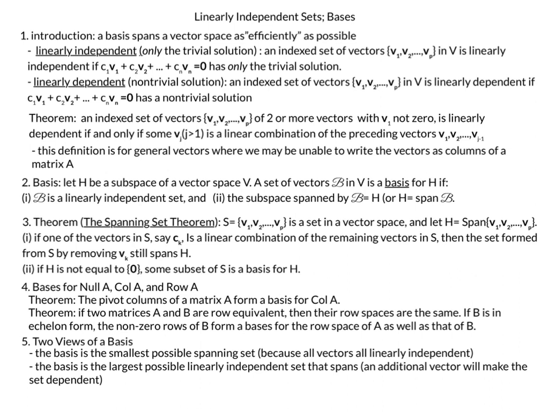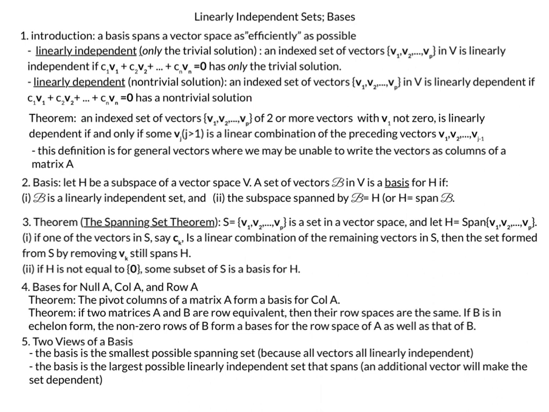To review what we covered in this video, first we talked about bases: bases are something that span a vector space as efficiently as possible. We reviewed the idea of being linearly independent, which means a linear combination of all our vectors equal to 0 has only the trivial solution, whereas if it's linearly dependent, a linear combination of our vector set equal to 0 has a non-trivial solution.